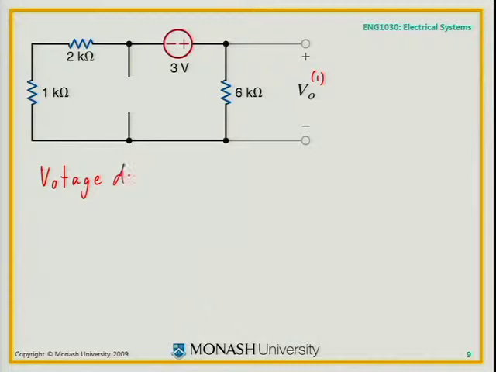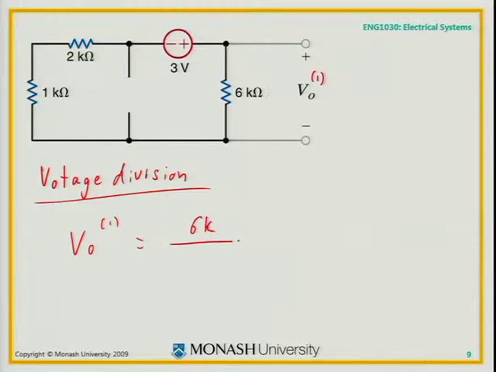So voltage division will tell me that V01 will be the 6K divided by the total, 6K plus 3K, times 3 volts.